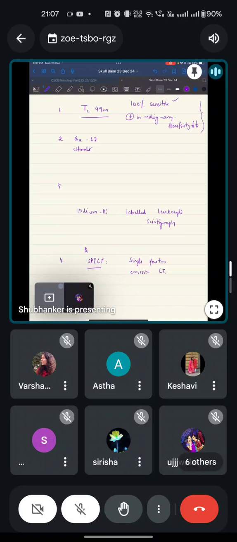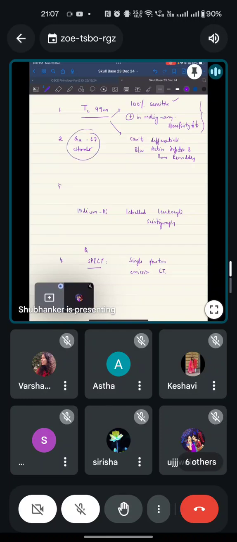And the second point for this technetium 99 scan is that this cannot differentiate between active infection and bone remodeling. So these are the 2 points that you have to remember in your technetium 99 scan.